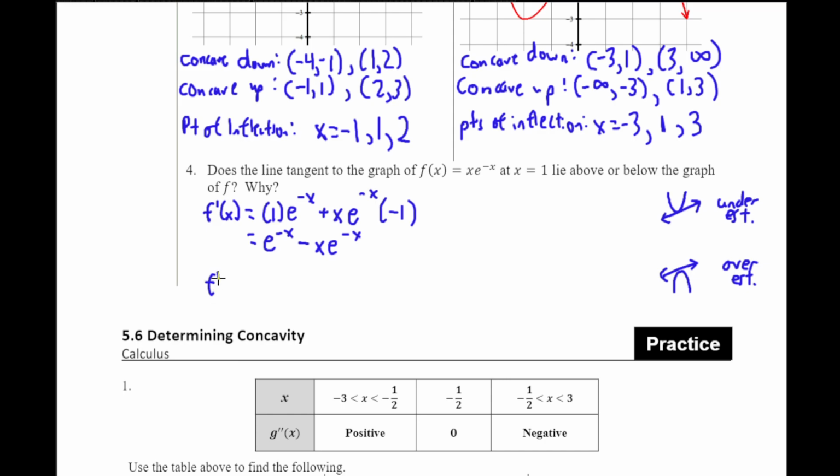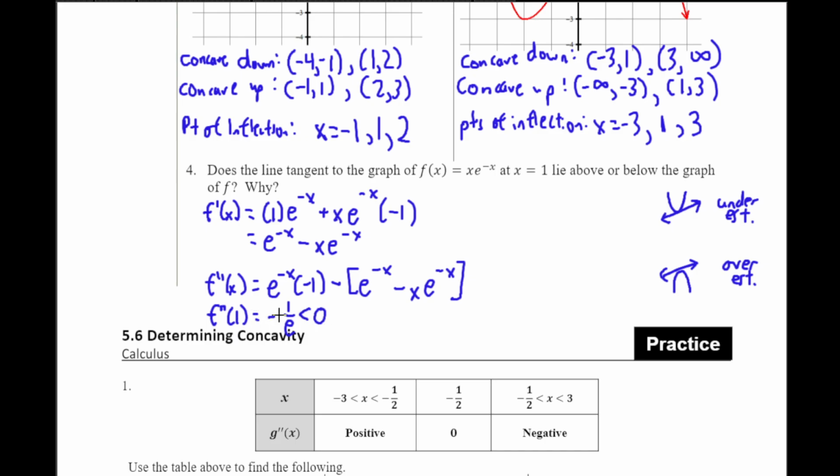And the second derivative is e to the negative x times -1, minus e to the negative x minus x e to the negative x. And then if you put this in the calculator, f double prime of 1, you plug 1 into all this, you'll find that you get -1 over e, and that will actually be less than 0.